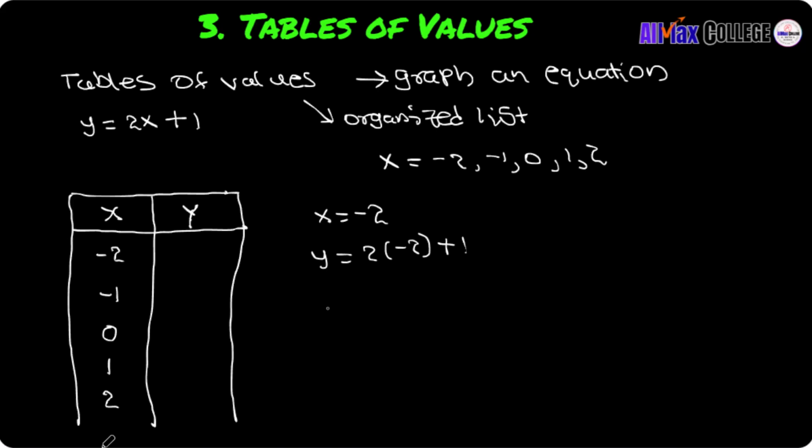So what is that value? 2 times minus 2 is minus 4, plus 1. Minus 4 plus 1 is minus 3. So the ordered pair is minus 2, minus 3. X is minus 2 and y is minus 3.